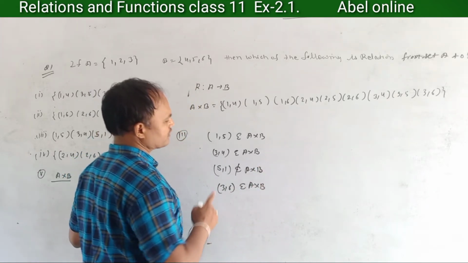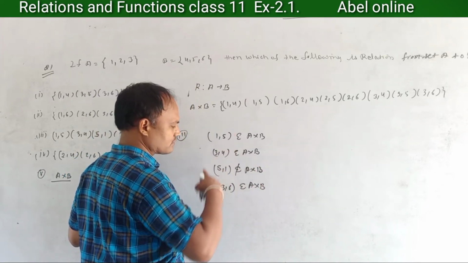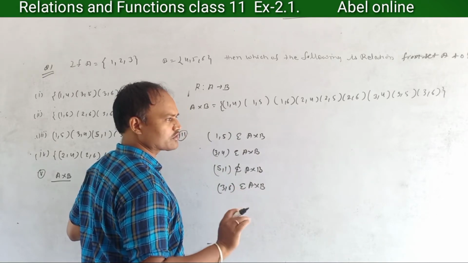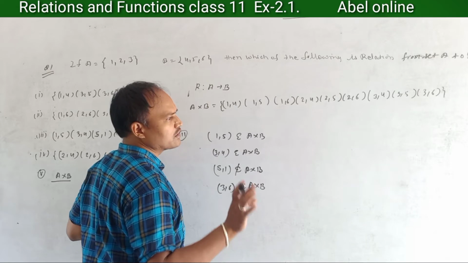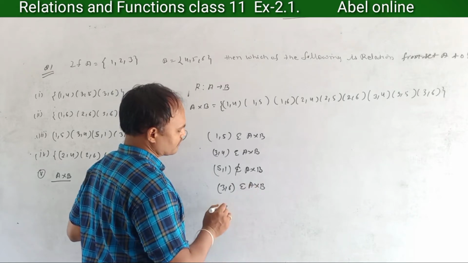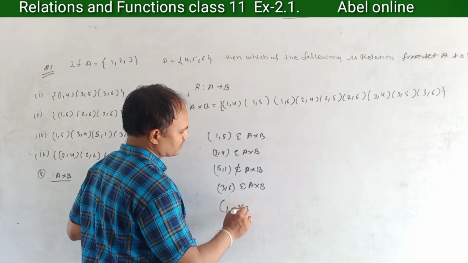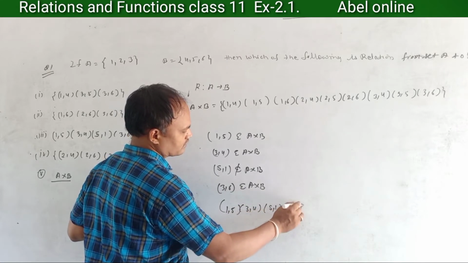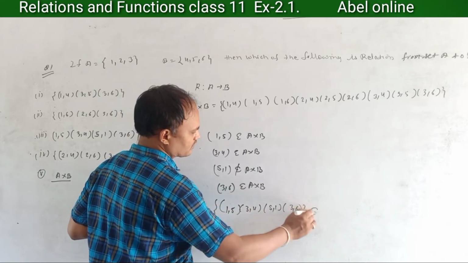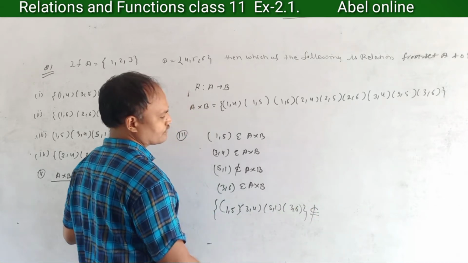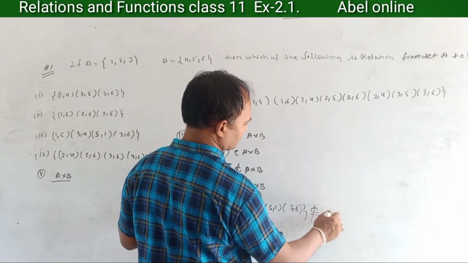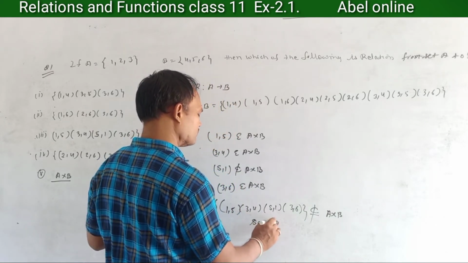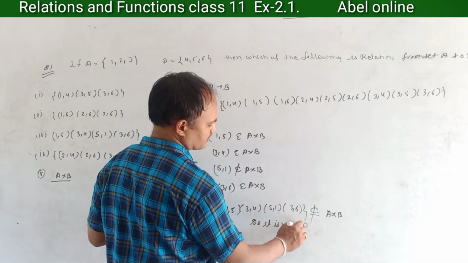So some elements belong to A cross B and some do not. It means {(1, 5), (3, 4), (5, 1), (3, 6)} is not a subset of A cross B, so it is not a relation.